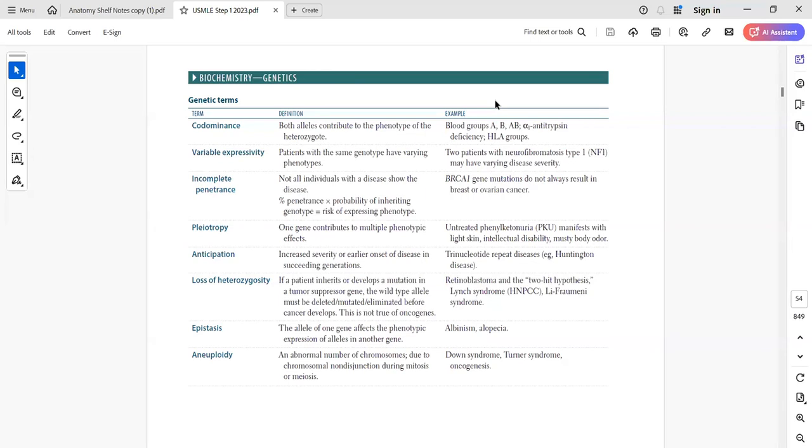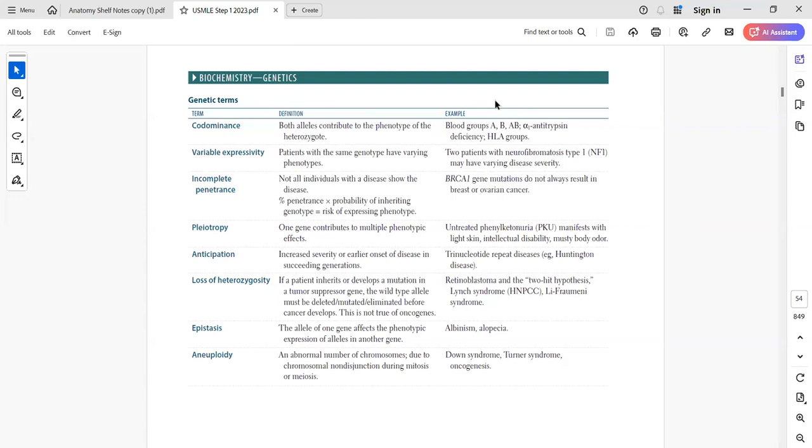Now in variable expressivity, as you can know from the terminology, variable means the patients with the same genotype would have varying phenotypes. Genotype is the genetic material, to be very precise, and the phenotype is the physical traits most commonly.